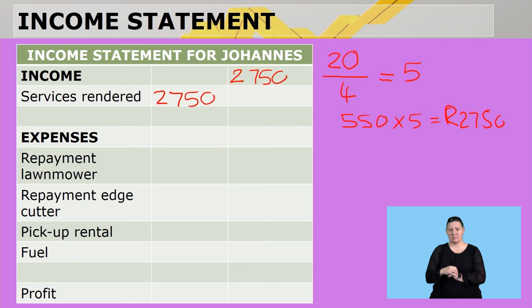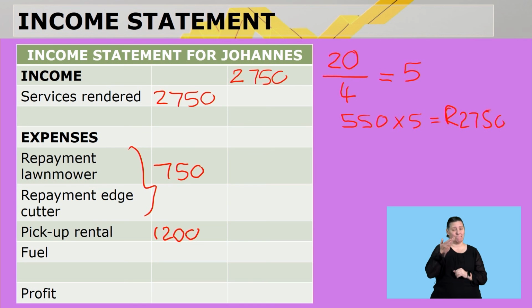When we go to expenses, the repayment of the lawnmower is now 750. That's the total repayment between those two. Then the pickup rental remains the same, even though he only could use it for a quarter of the month, 1,200 Rand.